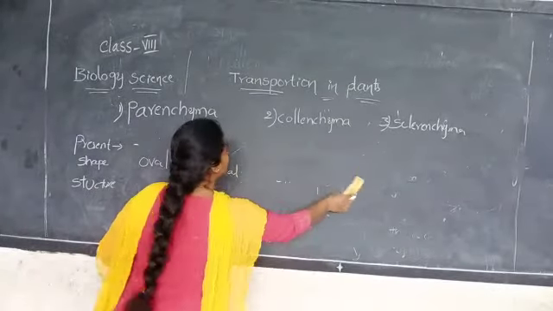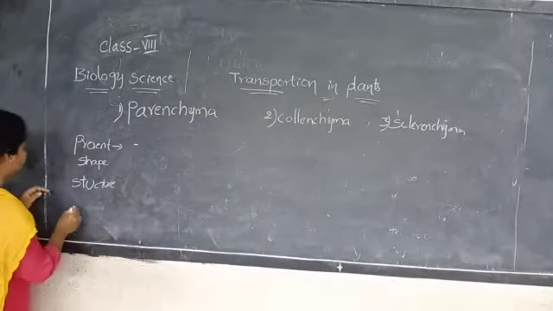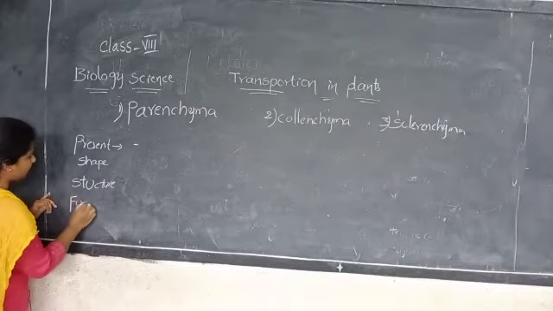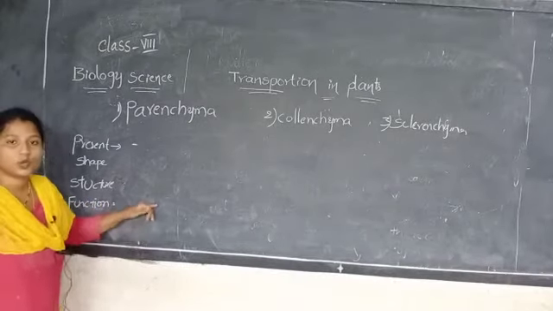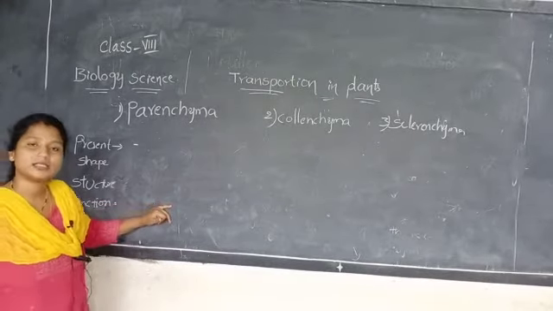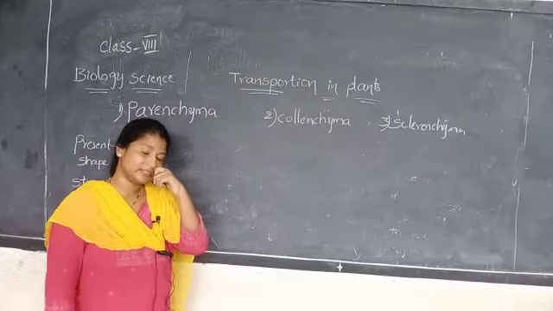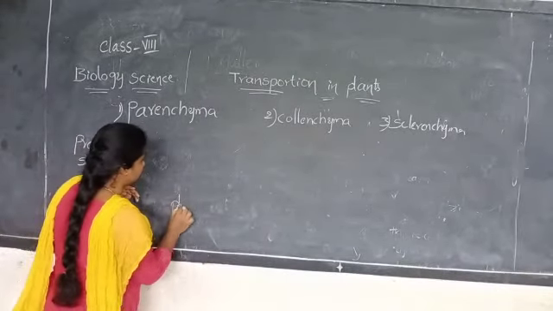Lastly, we will see the functions of all three tissues. The function of parenchyma is that it stores food as starch, and the tissues which contain chloroplast are very helpful for photosynthesis also.